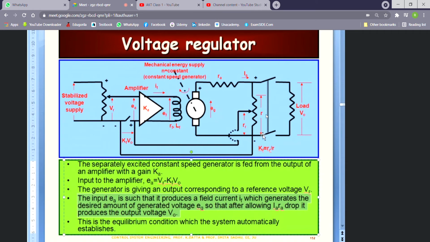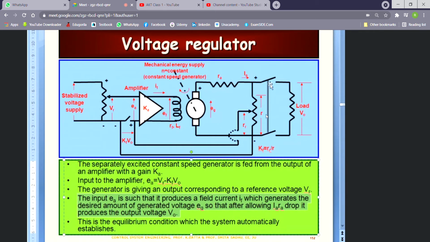So VO is produced after you allow for the IARA drop across the armature resistance, right? So your V at the output side will be the generated voltage EG, and you then consider the IARA drop. So from there you would be getting the VO.